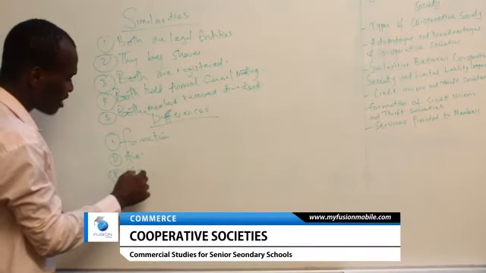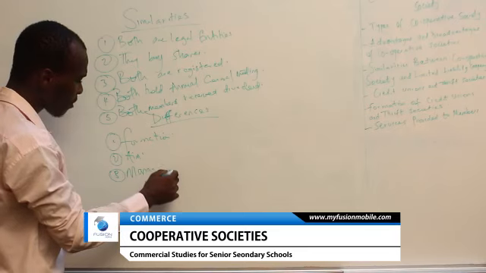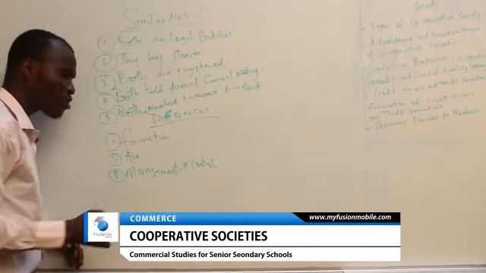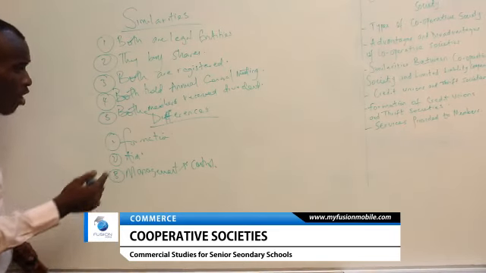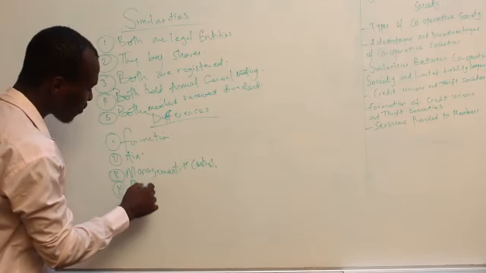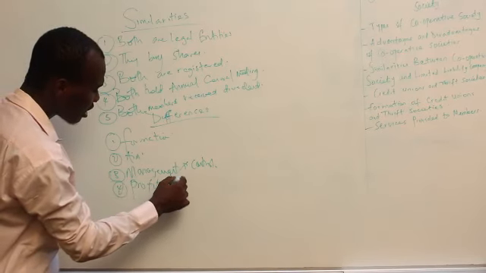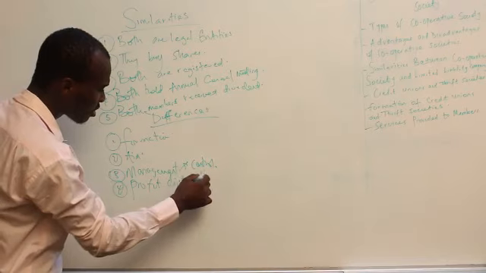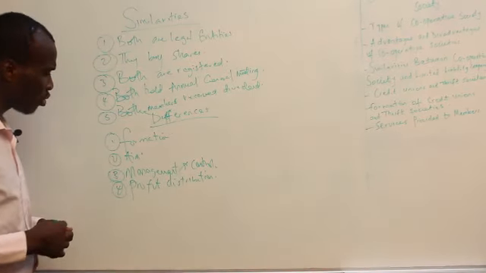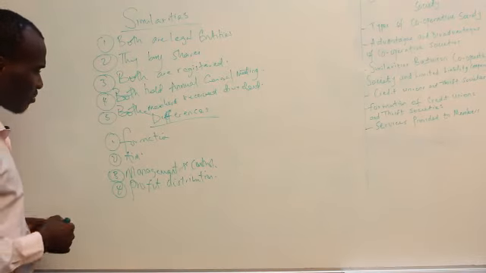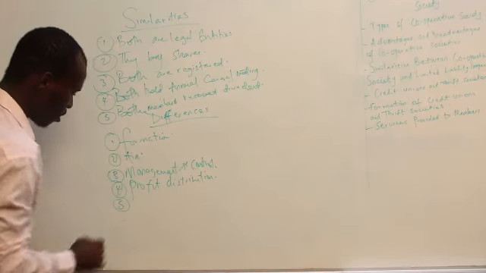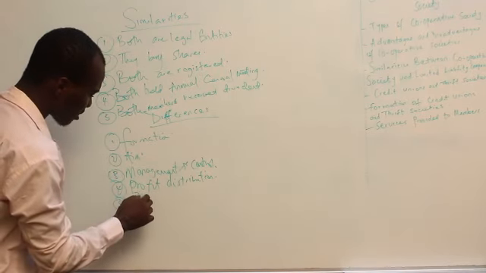We will be looking at the management and control: who are those in control of such an organization? We will be looking at how profit is distributed, that is the profit distribution. So we'll also be looking at the rights of members.